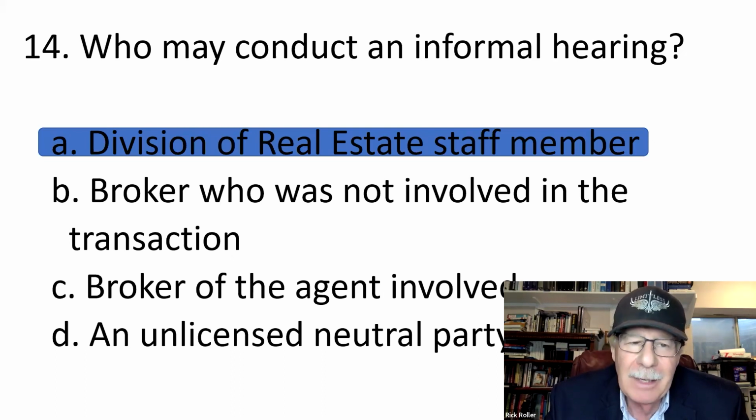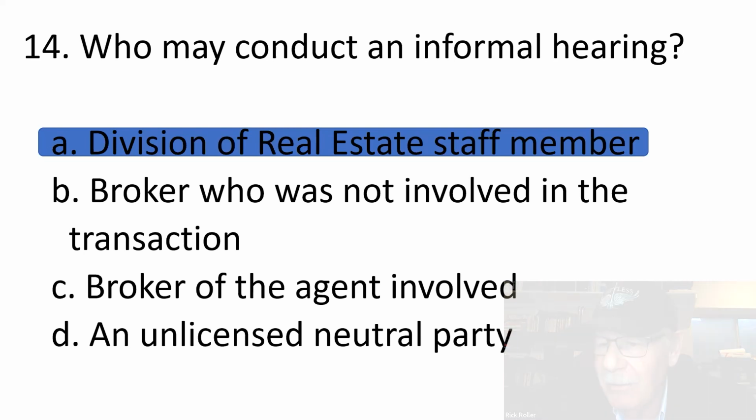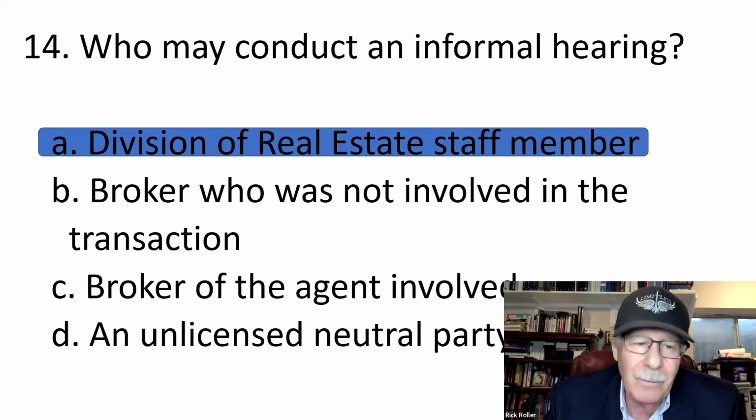And they're going to get a broker that was not involved. Some crusty old broker that's been around, seen a lot of things, maybe even done one or two. But they want someone that really has an insight to the business. It can't be a broker that's with your own company, and it can't be a broker that you've done a deal with recently or have a current deal under contract. It's got to be someone that's kind of neutral, but they've been around and they know.